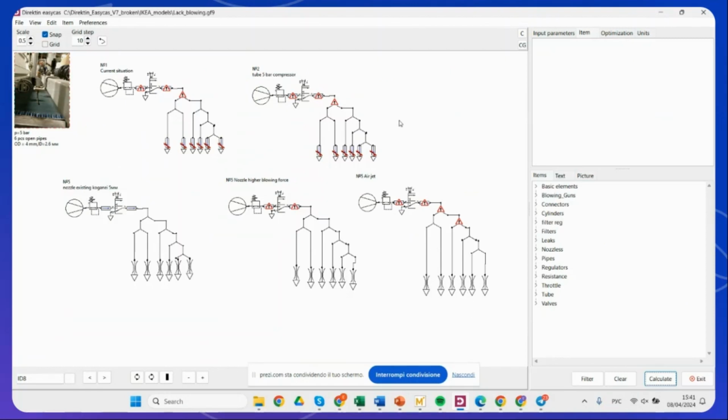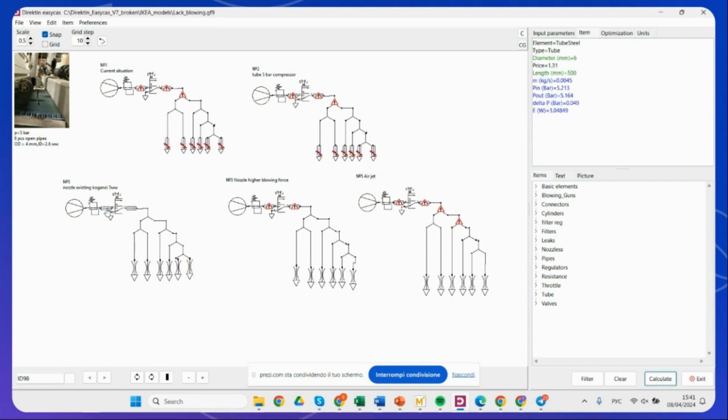So here you see our example. The idea that they had before is to install nozzles that perform with a blowing force of around 0.3 newtons and consume about 2.3 cubic meters per hour. We took these nozzles from the catalog, from the database that they installed.